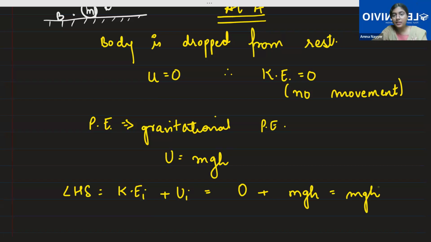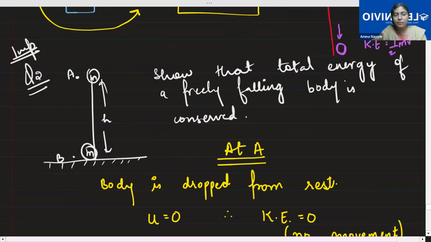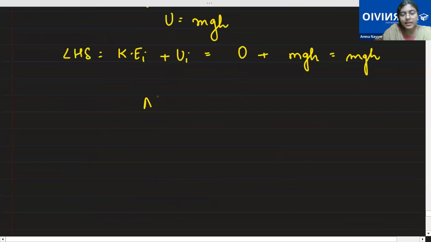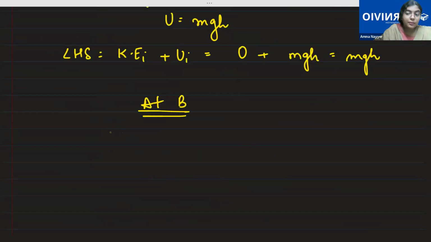Let's see finally. Let's say this is the point B at which the body has been dropped. Now, when this is dropped to point B, the body was moving. Here the potential energy is now becoming 0 because the height is 0.